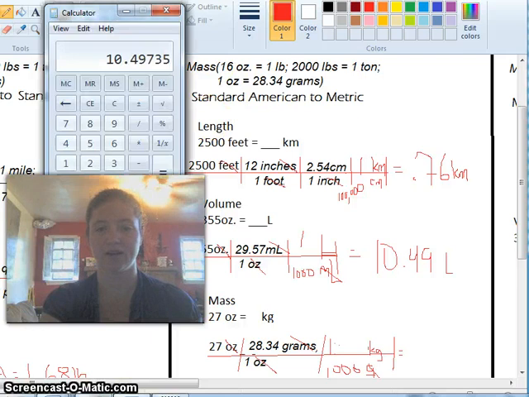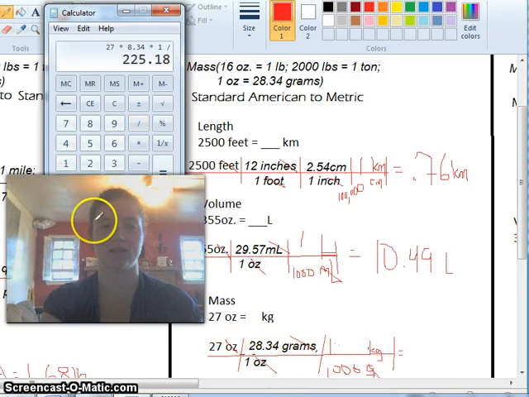Get my calculator here. I'm going to take my 27 from the ounces, multiply it by the 28.34, multiply it by the 1 that's here with the kilograms, and then I'm going to divide it by the 1 from the ounces, and divide it by the 1,000 from the grams.